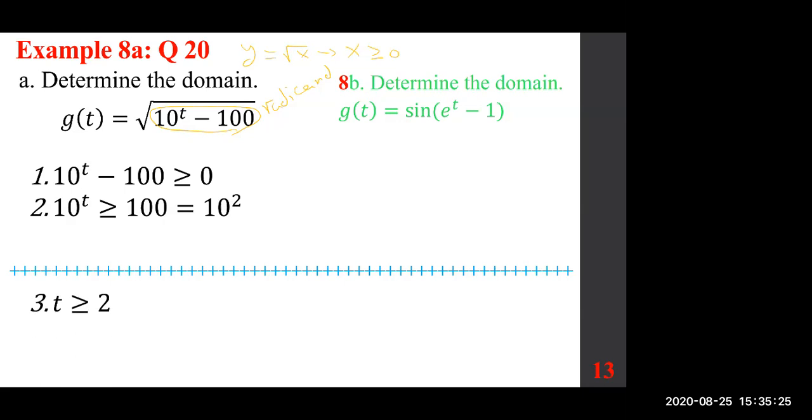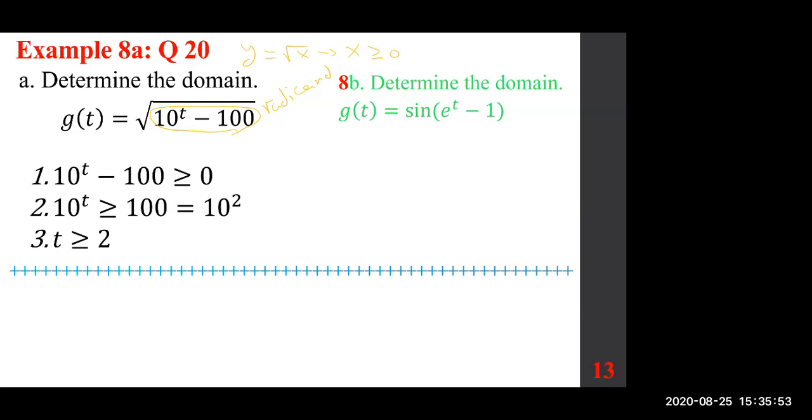So t must be larger than or equal to 2 accordingly. And you can test it. If you choose 2, it's 0. So if you go back and put in 2, you get 0. And anything larger than that makes it positive. Okay. All right.